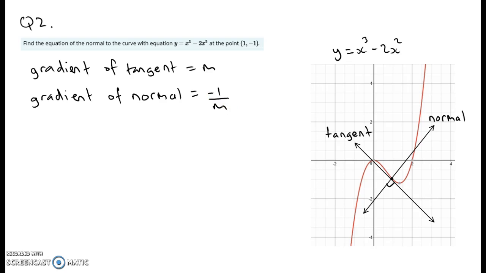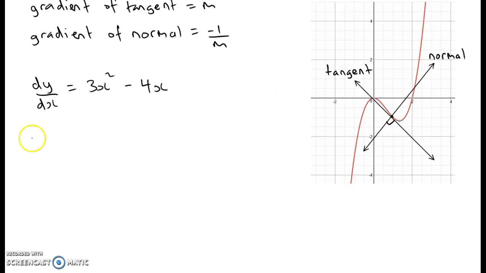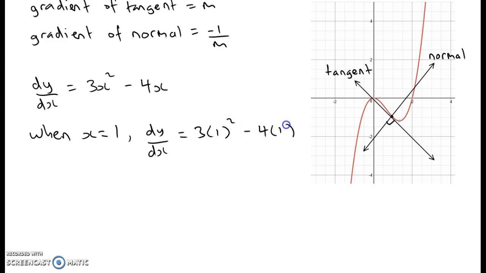So let's find the gradient of the tangent line. To do that, we differentiate this equation. We get dy/dx equals 3x squared minus 4x. When x equals 1, dy/dx equals 3 times 1 squared minus 4 times 1, which equals 3 minus 4, which equals -1.